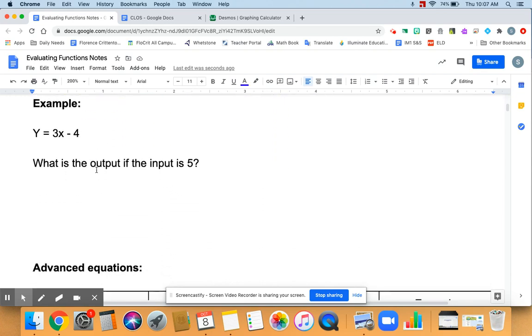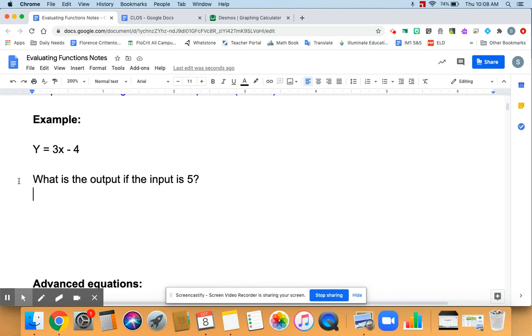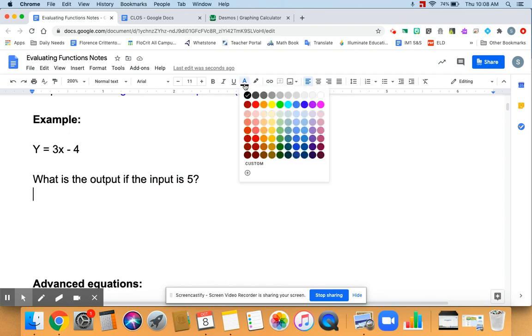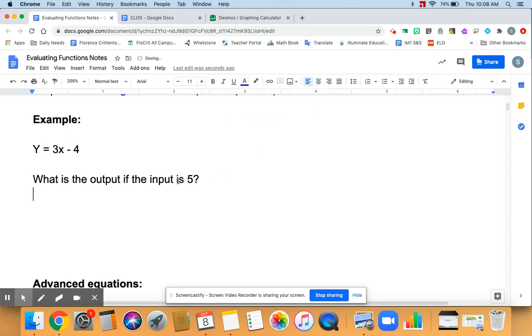So let's look at an example here. This question says, what is the output if the input is 5? So right now, which one do we know? Do we know what X is, or do we know what Y is? Remember, input is X, and it says input is 5. So that means X equals 5, because is the same thing as equals.